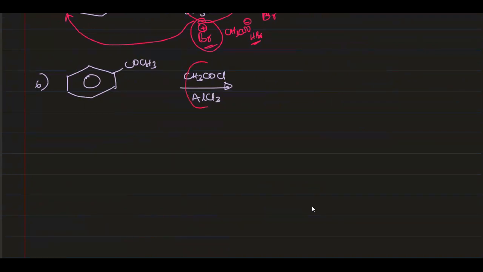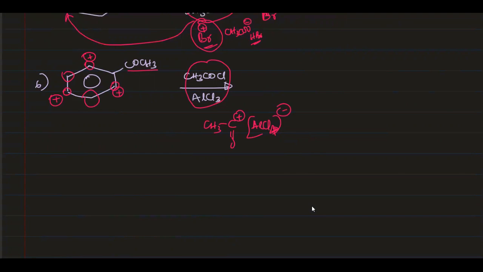So here again AlCl3 and CH3COCl will give CH3C double bond O plus cation and AlCl4 minus anion. Now this COCH3 is a ketone here. So what happens is at the second, fourth and sixth positions you will get a positive charge as a consequence of the minus R effect. So comparatively the third and fifth positions will have higher electron density.